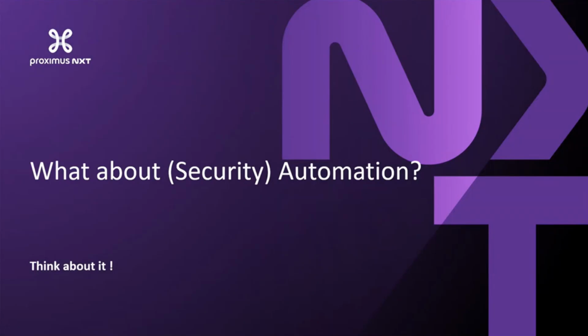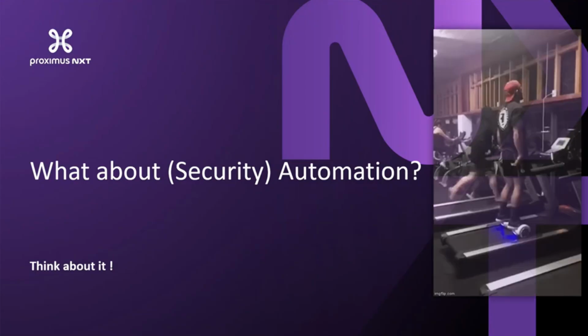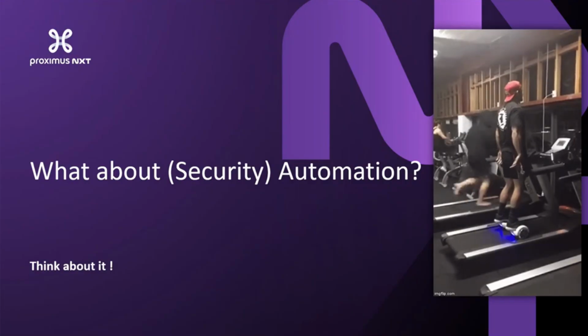Now, think about automation. That's one of the key things I wanted to mention here. If I think about automation, what should I automate first? If you try to automate your sports activities, you can do that, as you can see now on the screen. So this is actually automated.